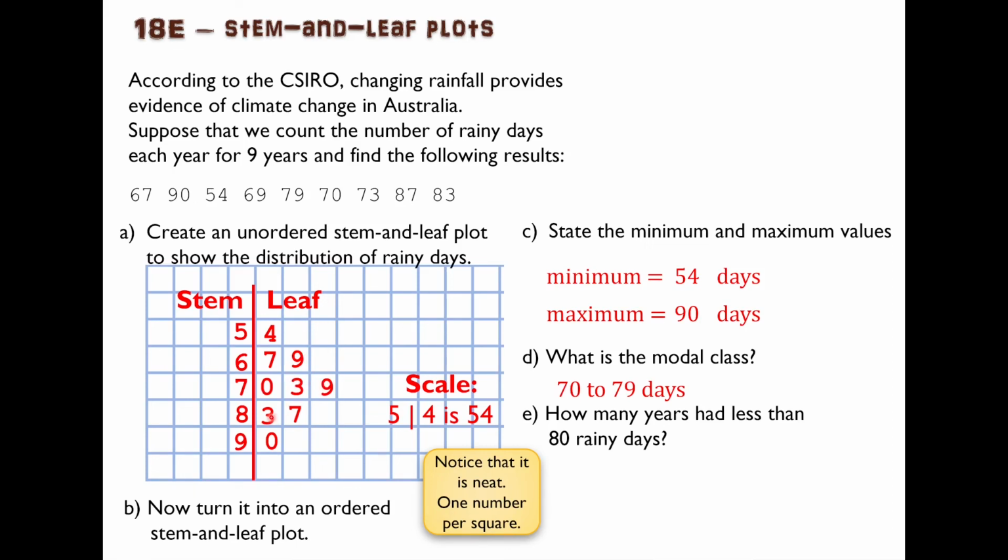This was 83 rainy days. So we can highlight, I might even get out the highlighter, if I can find it. There we go, highlighter. We can highlight all of the results that had less than 80 rainy days. And there are 1, 2, 3, 4, 5, 6 years, 6 results, where they had less than 80 rainy days.